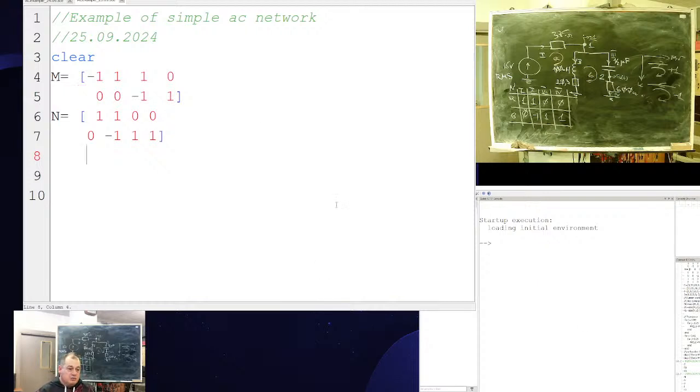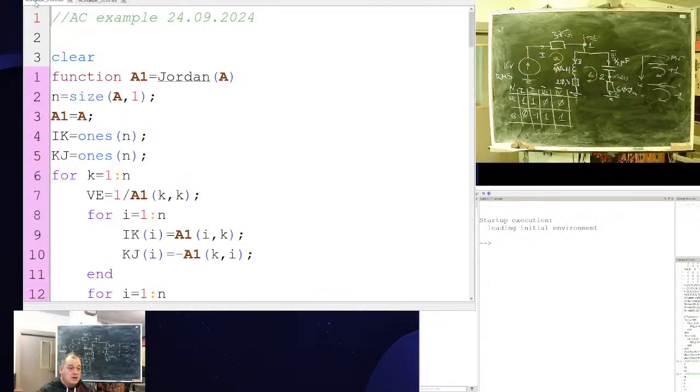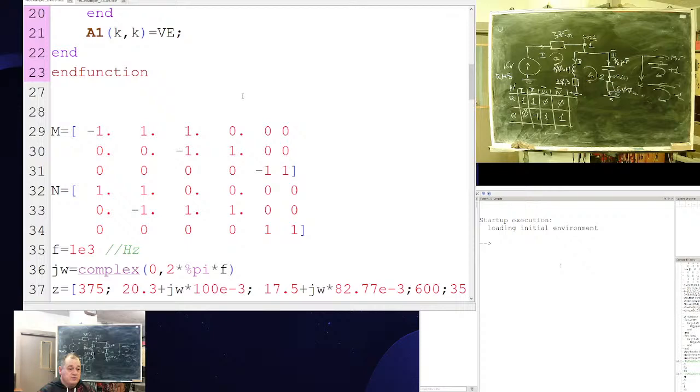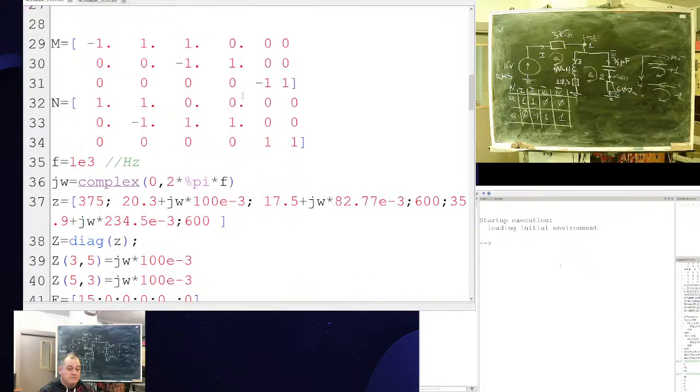I can check all this. A good thing to know about the M and N matrices: the product of M by transposed N should produce 0. Okay, I will use a bit of my work from yesterday.